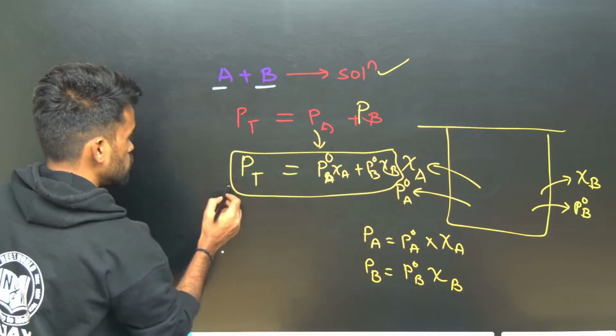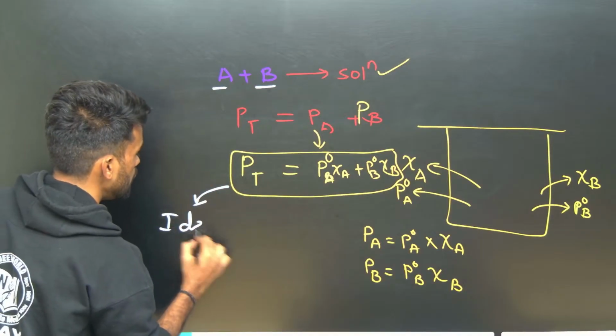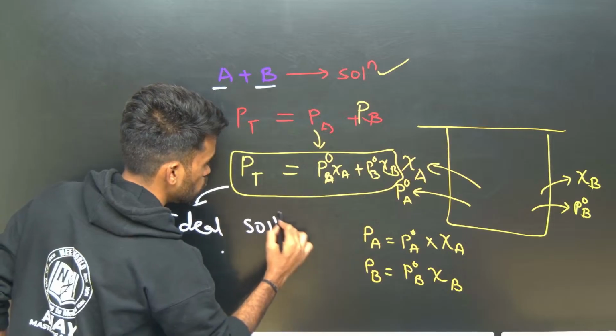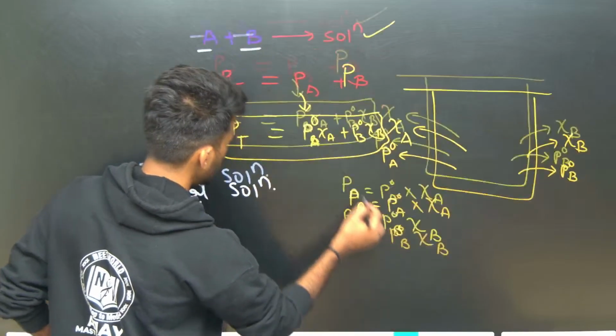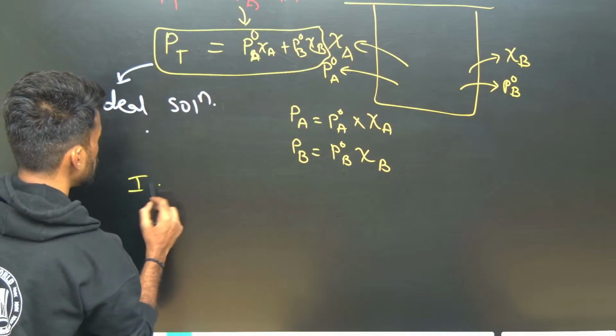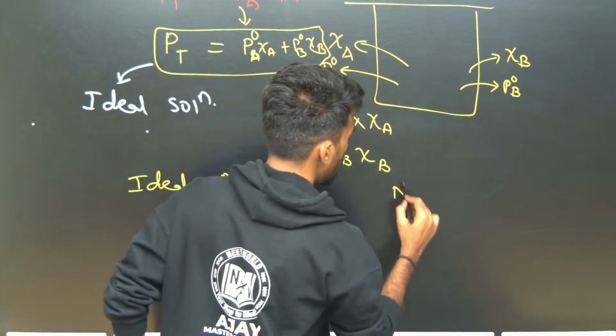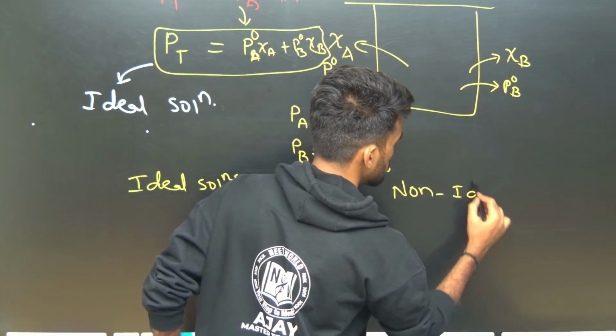Those solutions which obey this Raoult's law are considered ideal solutions. Based on this we have two types: one is ideal solutions, and another is non-ideal solutions.